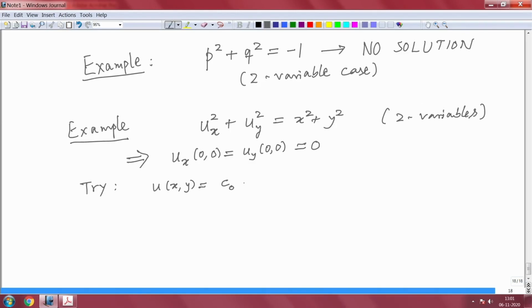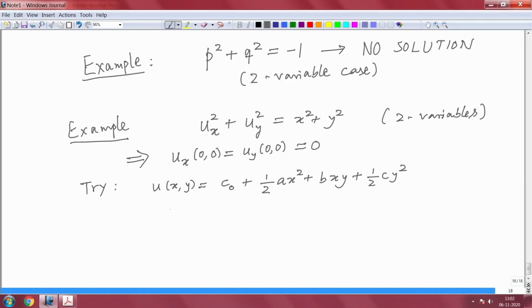So, c 0 is a constant and we will assume a quadratic function. Okay. So, at least these conditions are satisfied.